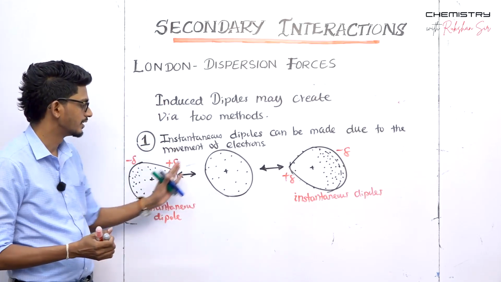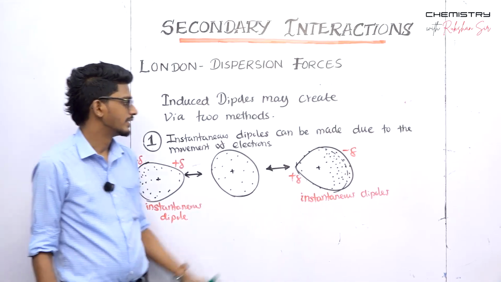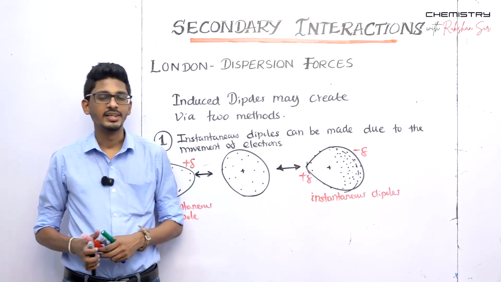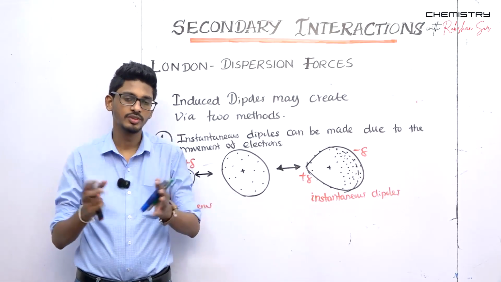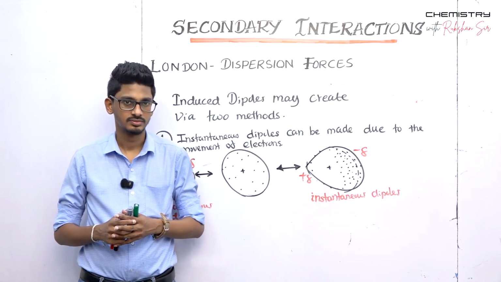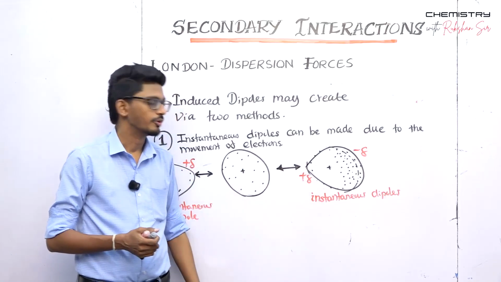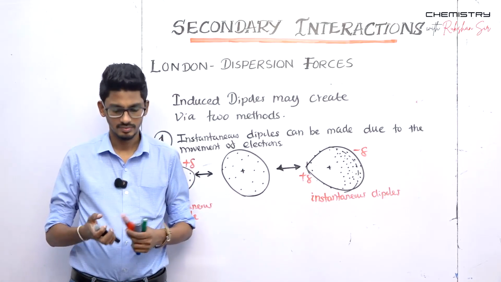At another point, those will disappear. So this is one way of making induced dipoles because of the movement of electrons inside your chemical species, so that non-polar species can get some poles appearing ultimately.